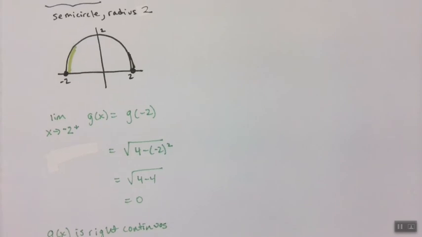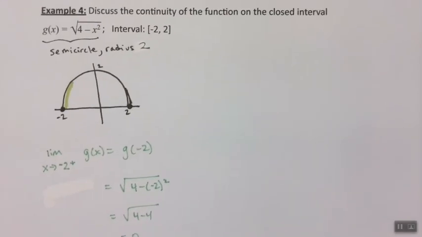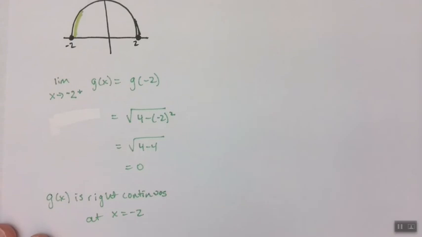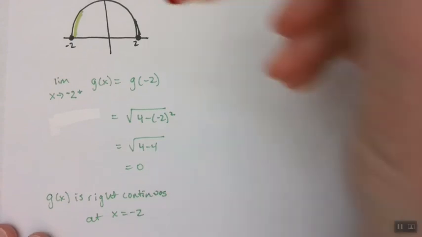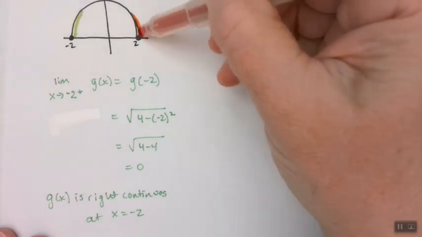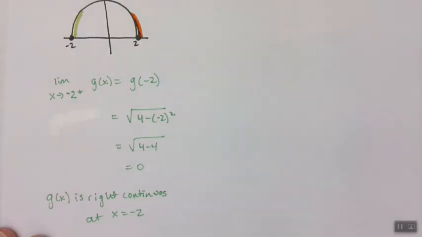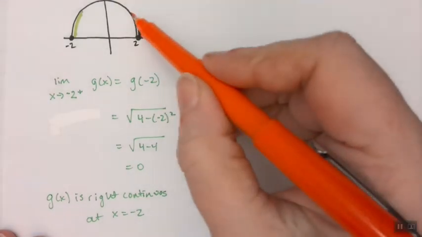Now over on the other side of this semicircle, I just wrote g of x is right continuous at x equals -2.